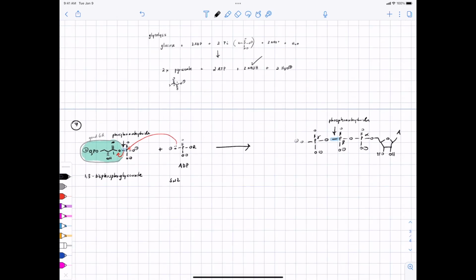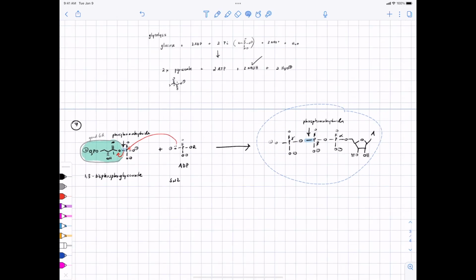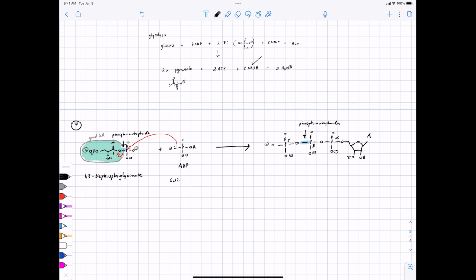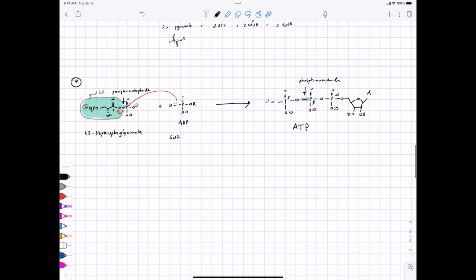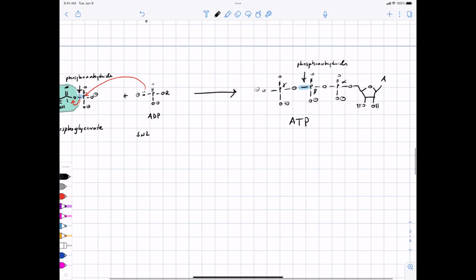And that's going to generate ATP, and then our leaving group is just going to be phosphoglycerate.